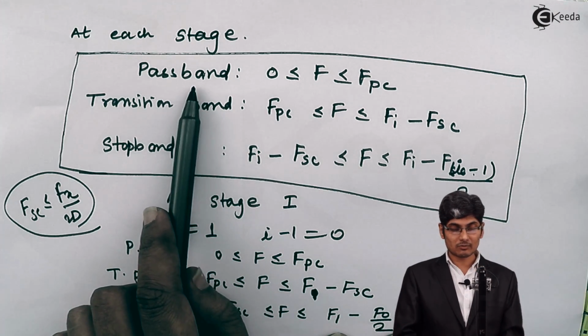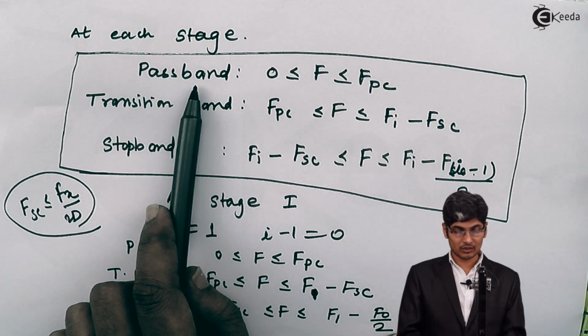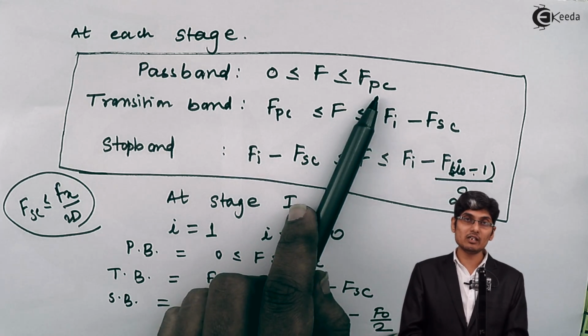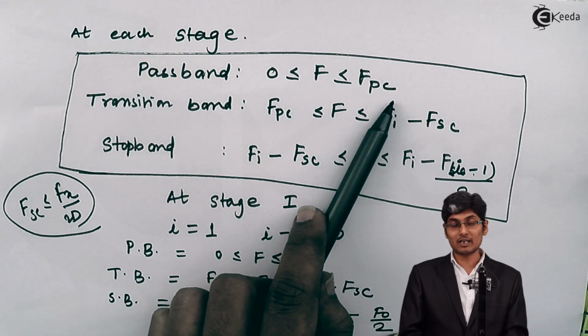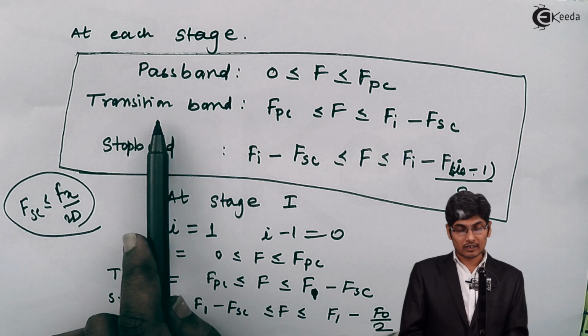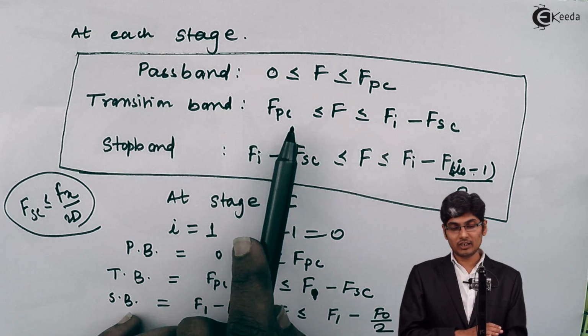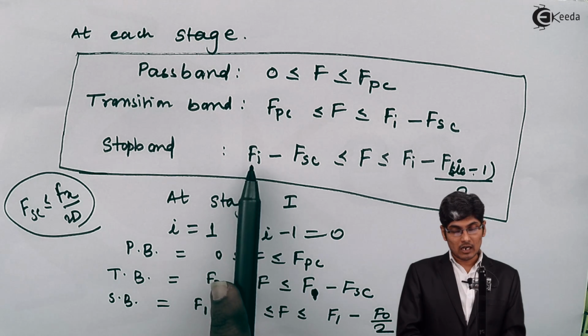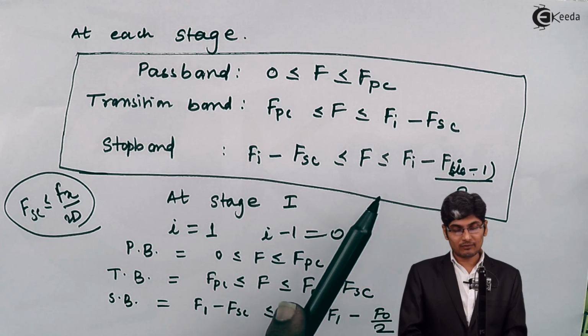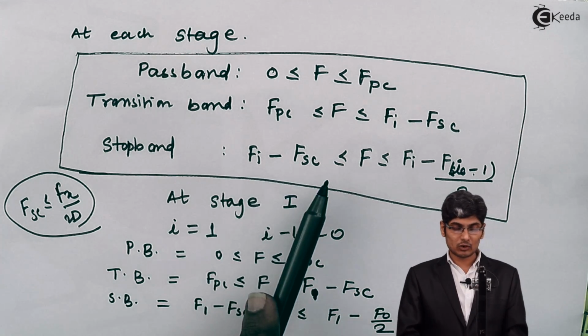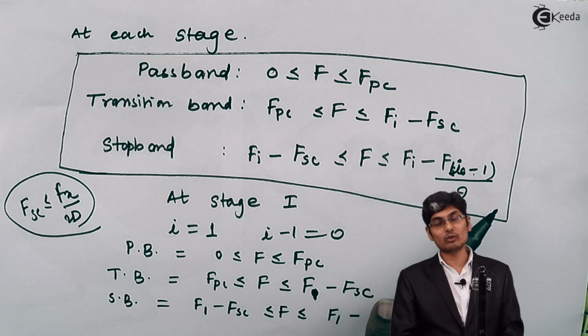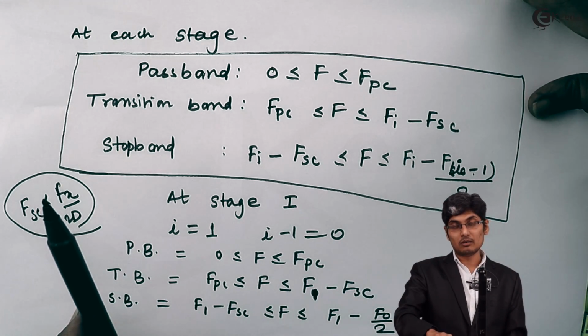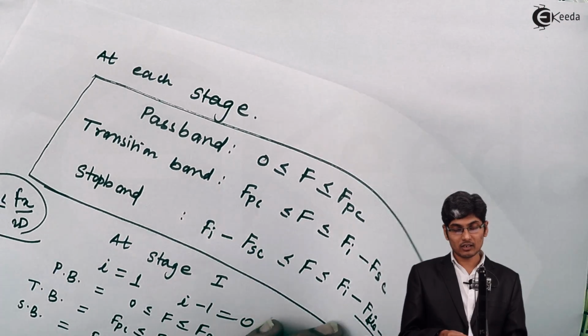The passband on each stage is 0 to Fpc, where Fpc is the passband edge frequency. The transition band goes from the passband edge frequency to Fi minus the stopband edge frequency. Then the stopband goes from Fi minus Fsc to Fi minus 1 by 2. That is the stopband frequency.